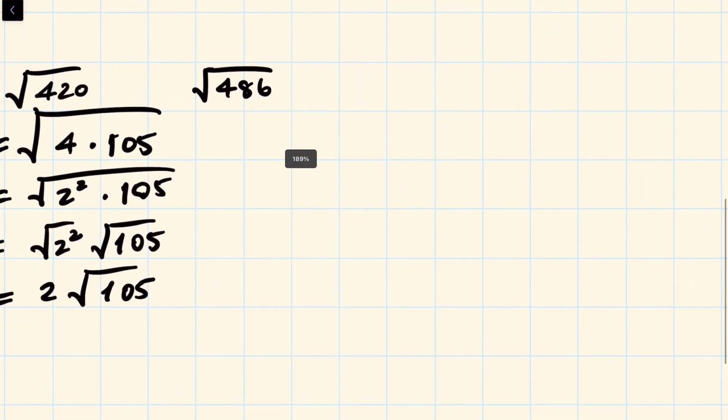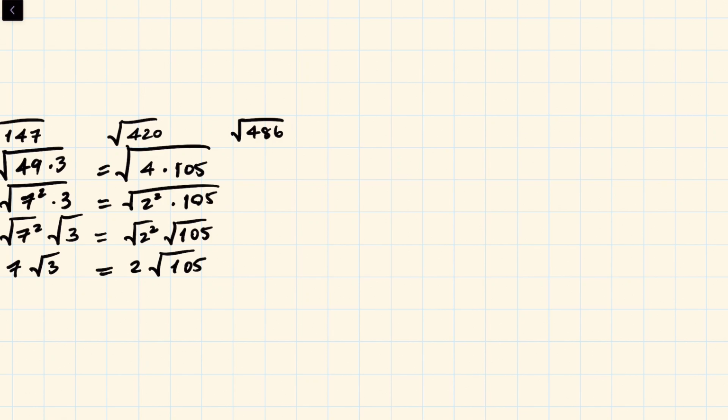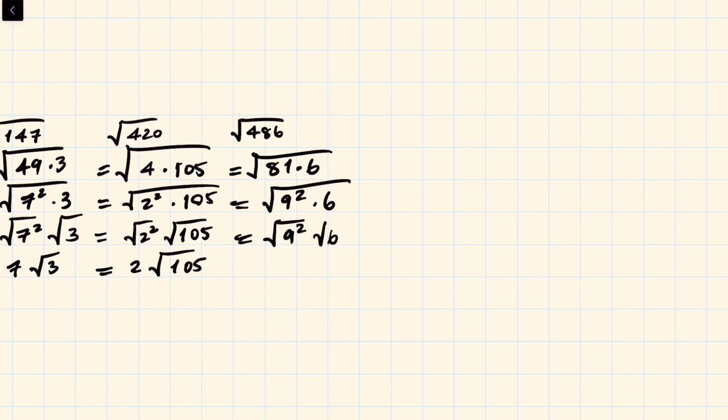And 486, I believe that's 81 and 6. So that is the square root of 81 times 6. 81 is 9 squared, and that's times 6. So root 9 squared, root 6, so that's 9 root 6.